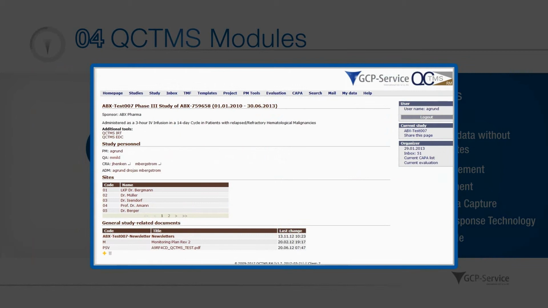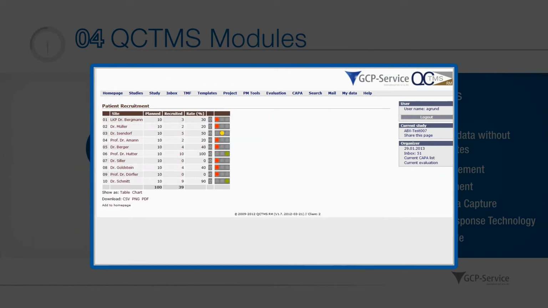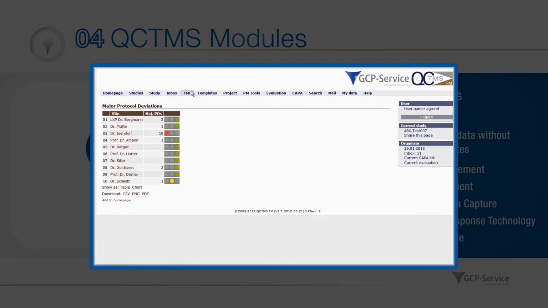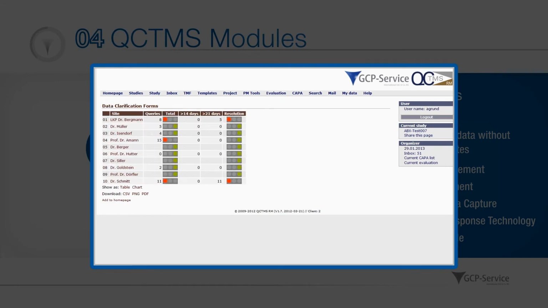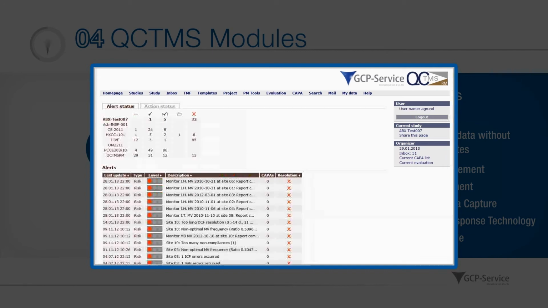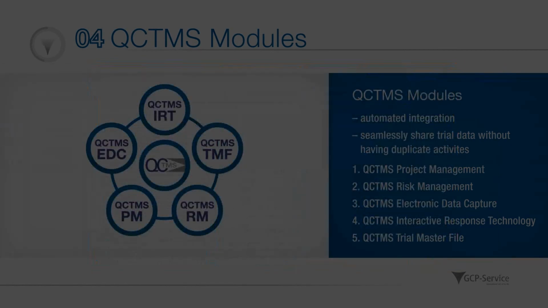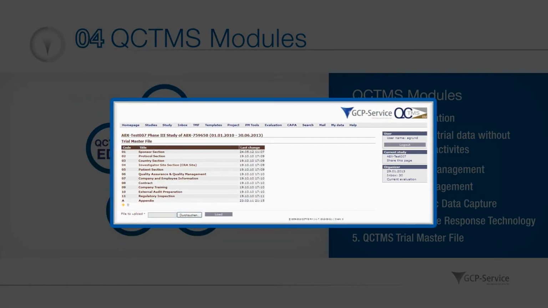Qctms RM makes your projects transparent for project teams. It analyzes, tracks, and alerts key risk factors of all projects and trials through the countries and sites involved, down to the details of the patients and their progress throughout the trial. Qctms also documents your corrective and preventative actions, CAPA, to avoid critical audit and/or inspection findings. Qctms TMF.